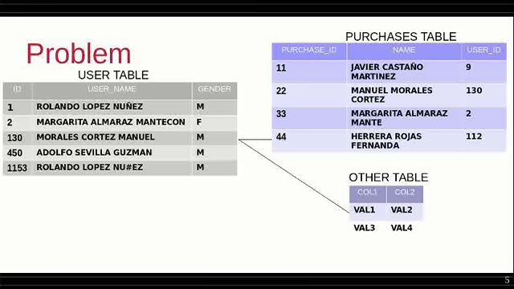In the users table the registration starts with the last names and then the name, whereas in the purchases table the registration begins with the name and then the last names. Right?